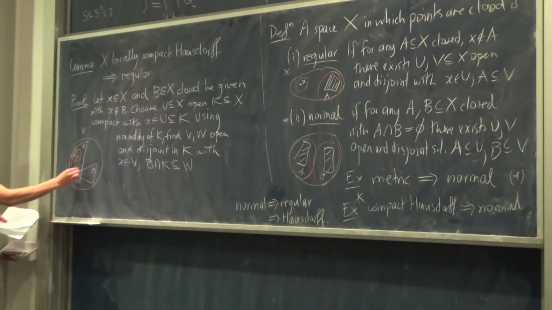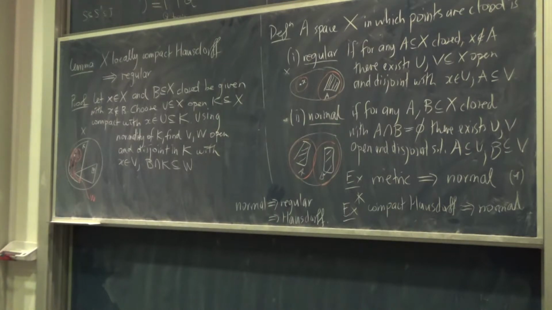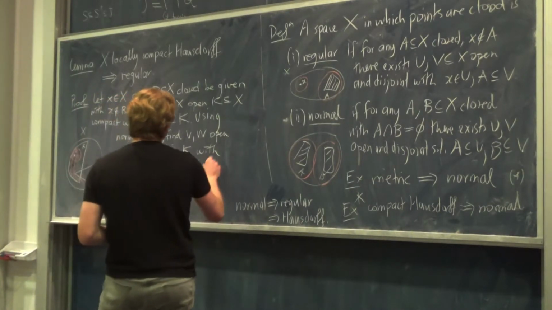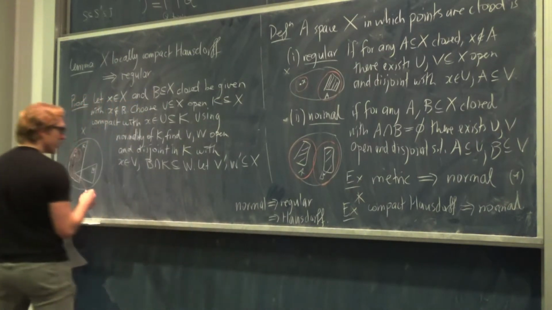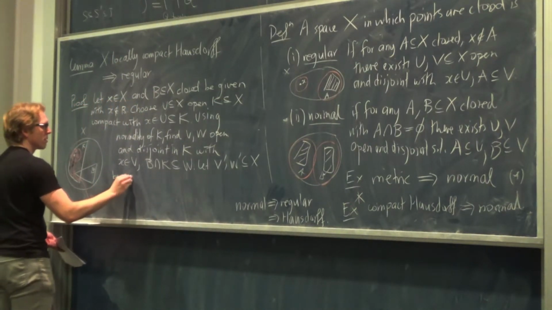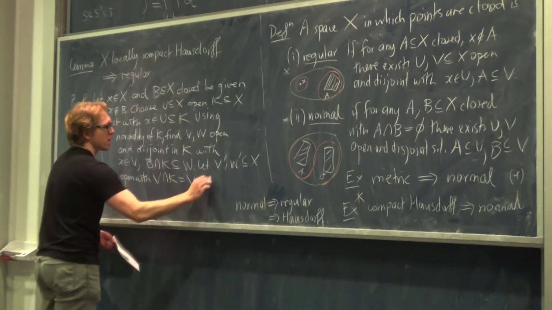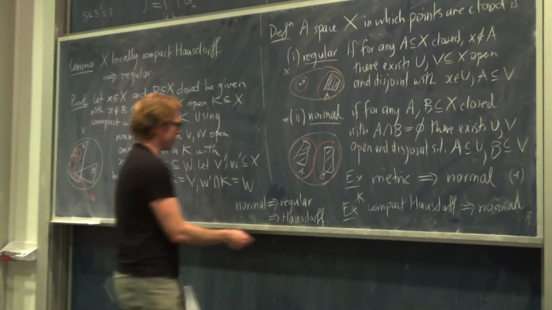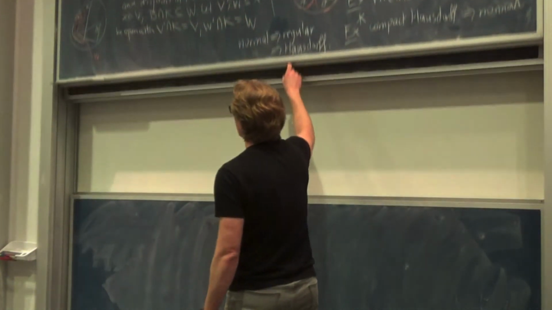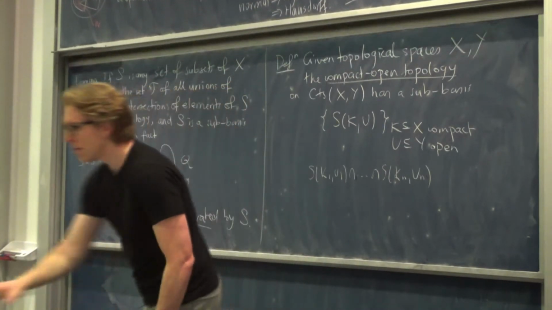So that's V. And then there's something here, let's call that W. Okay. Well, there's some open subsets of X which intersect to give those things, by definition of the subspace topology. All right.